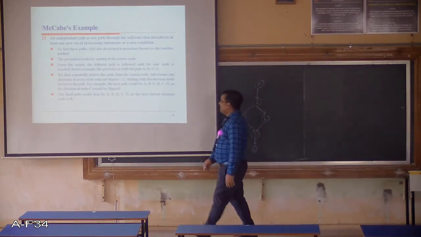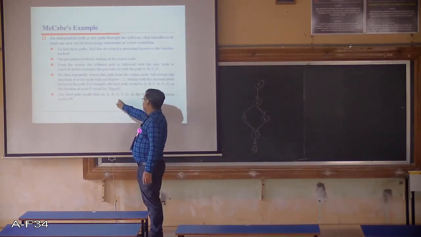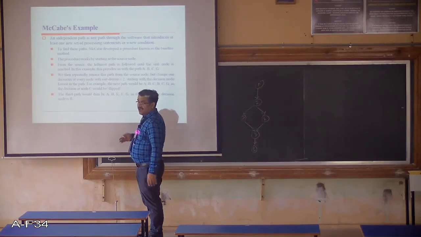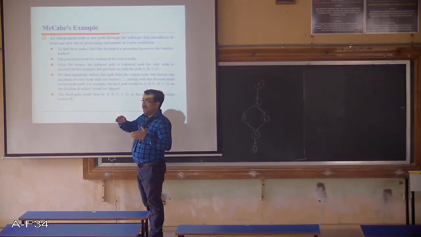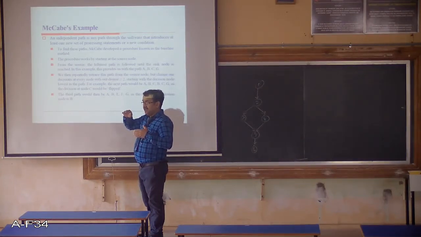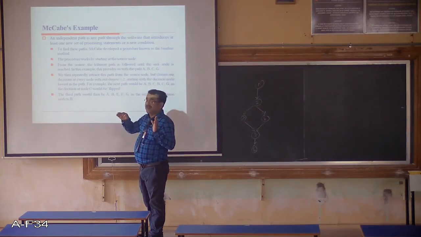Then the third path will be, because after that C node, we have to give the decision, because the B node also is of degree 2. So we have to split that node, that is, we have to take the other decision path at the B node.